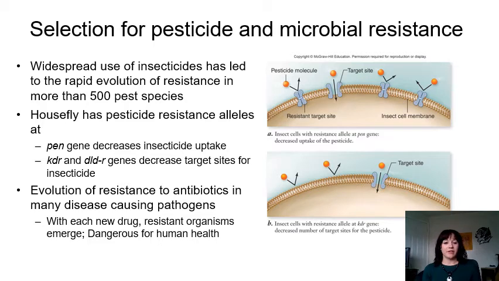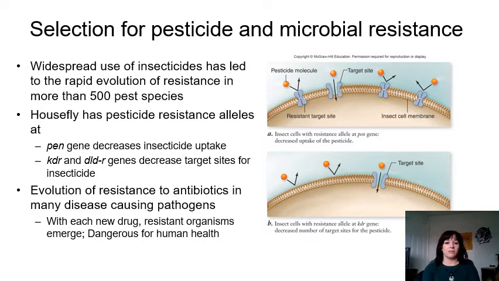Next we can have selection for pesticide and microbial resistance. This is kind of like selection for avoiding predators. In this example, we have flies, bugs, that over time are evolving to avoid being killed by pesticides, which is no fun for us, right?